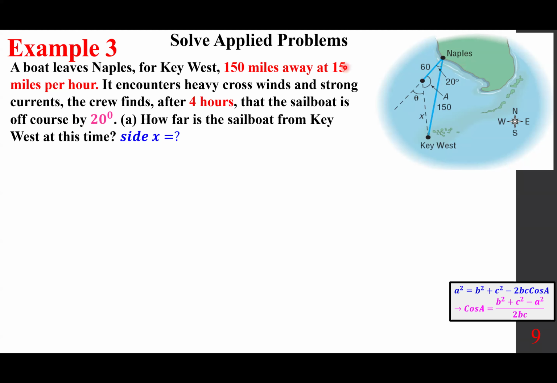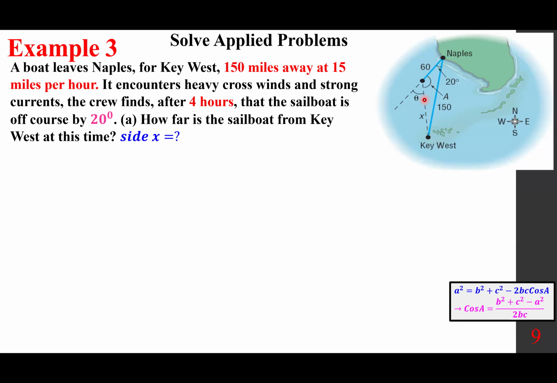So if we are doing 15 miles per hour, 4 times 15, so we have covered 60 miles in this direction, in a wrong direction, 20 degrees off, okay? How far is the sailboat from Key West at this time? So basically means from here to here, we want this distance of X, everybody. That's the meaning of it.